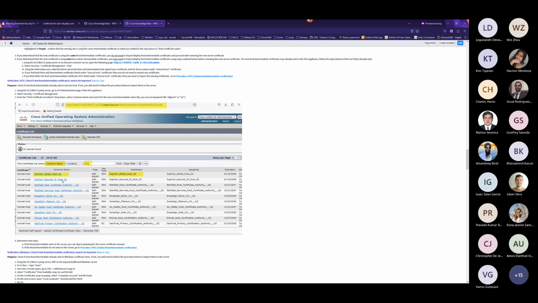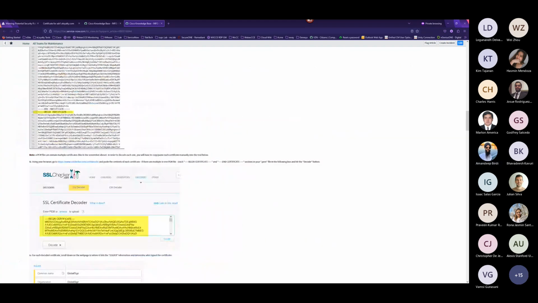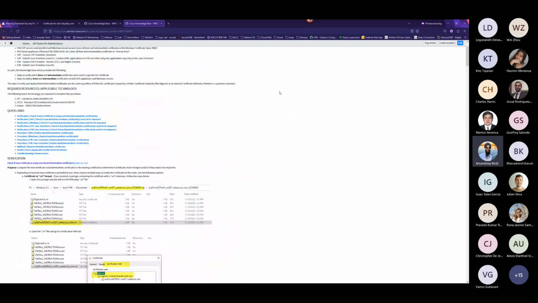But this KB defines how you determine if there's a new root and intermediate cert, and secondly, if that root and intermediate cert is missing from our applications, and if it's missing, how do you import it to the applications? So this KB defines everything.